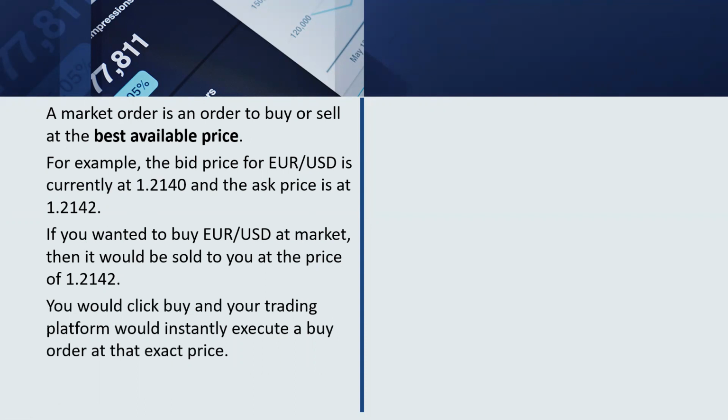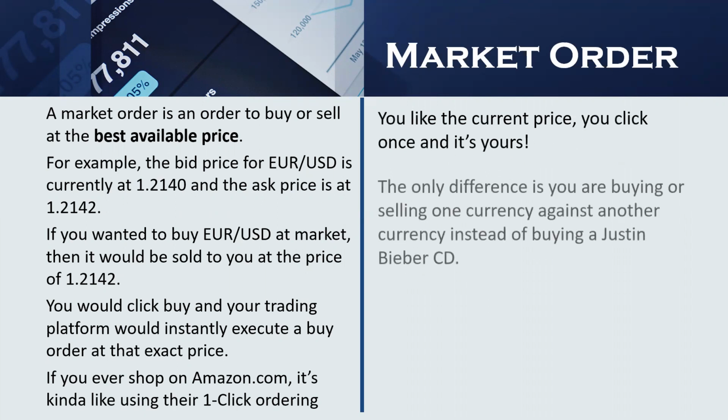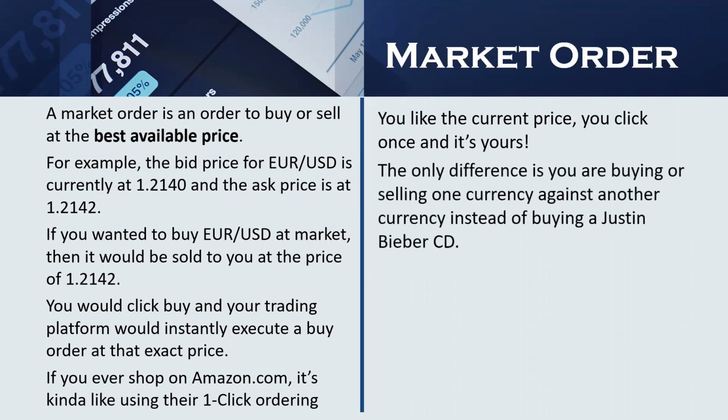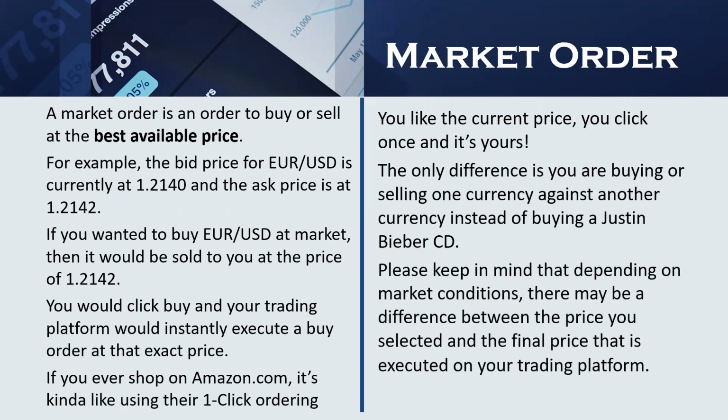So if you wanted to buy Euro USD at the market, that is instant, then you are going for the ask price, which is 1.2142. And if you click buy, your trading platform will instantly execute that buy order. So it's more like one-click trading. You just go into the market and you just buy.